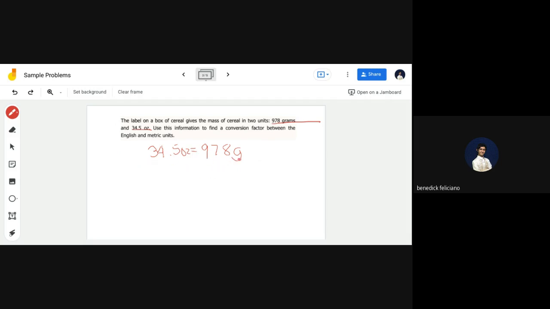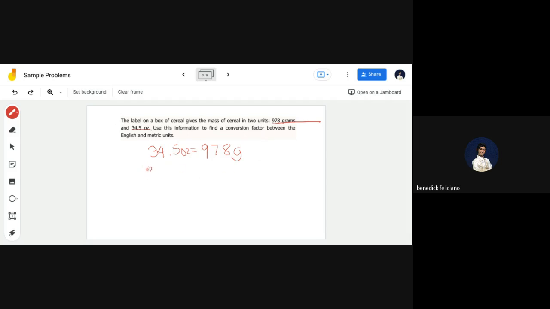Since 978 is larger than 34.5, let's just divide by the smaller one so that we will end up with a number greater than 1.